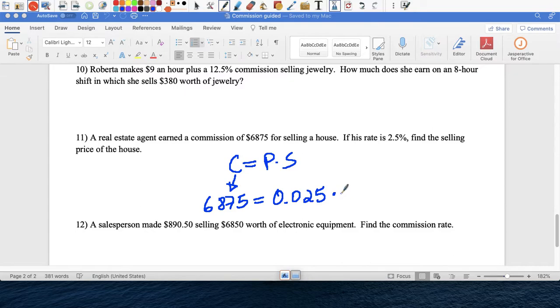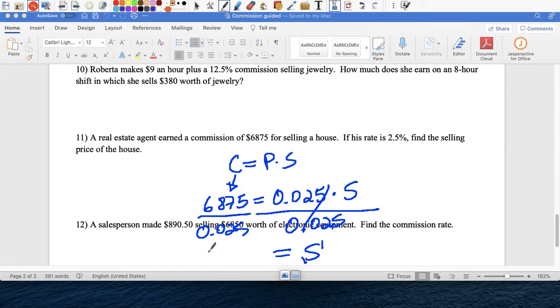The sale price of the house, S, is unknown, so we're going to divide both sides by 0.025. That goes away. Price of the house, S, is 6,875 divided by 0.025. Price of the house was $275,000.